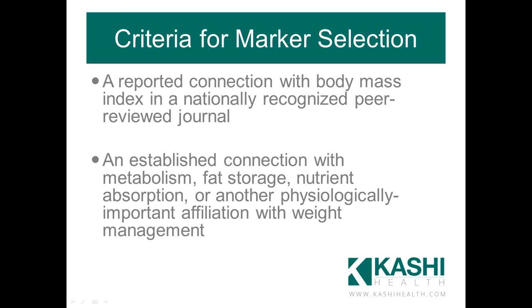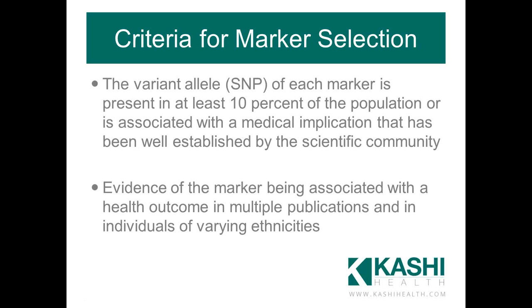The criteria for marker selection included a reported connection with body mass index in a nationally recognized peer-reviewed journal, an established connection with metabolism, fat storage, nutrient absorption, or another physiologically important affiliation with weight management. The variance allele, or single nucleotide polymorphism, also referred to as a SNP, of each marker must be present in at least 10% of the population or is associated with a medical implication that has been well established by the scientific community.